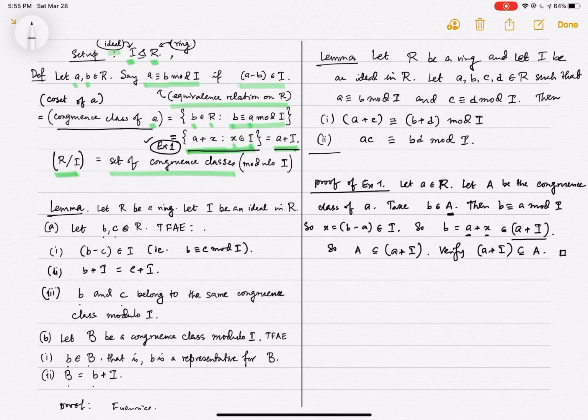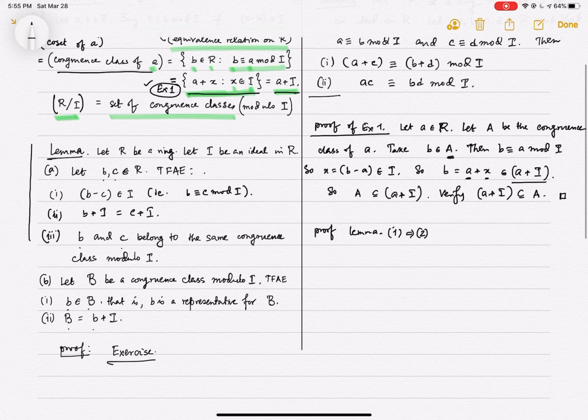Now let's verify a little bit of this lemma that I was talking about, three equivalent statements. Proof of lemma. Let's do 1 implies 2. So what am I given?